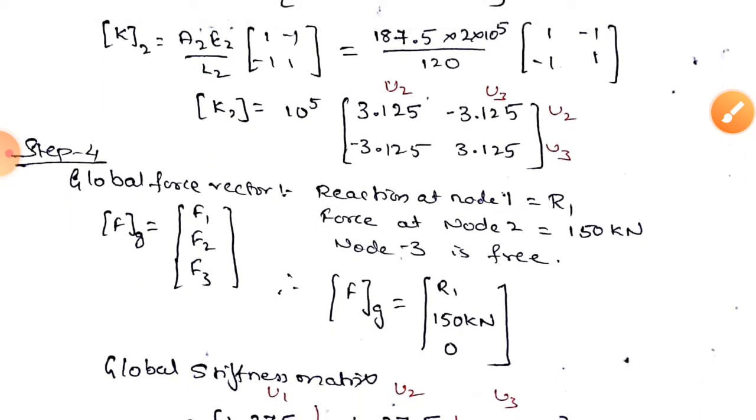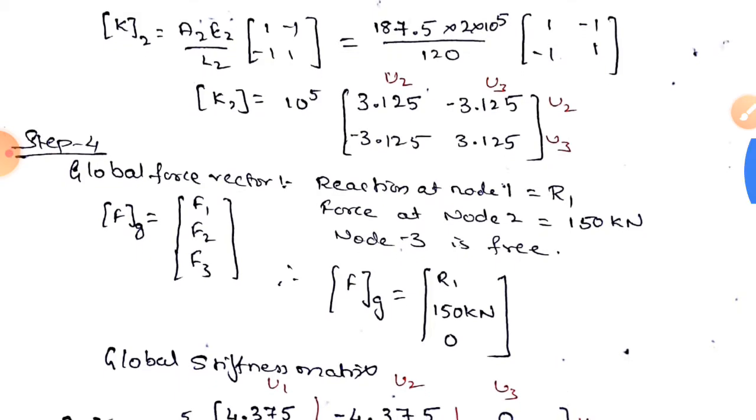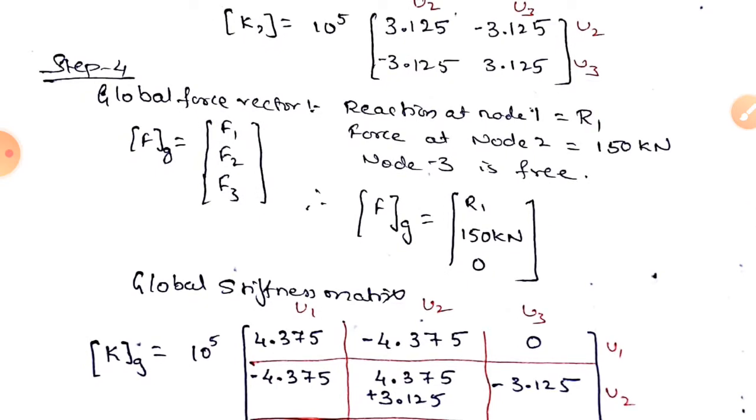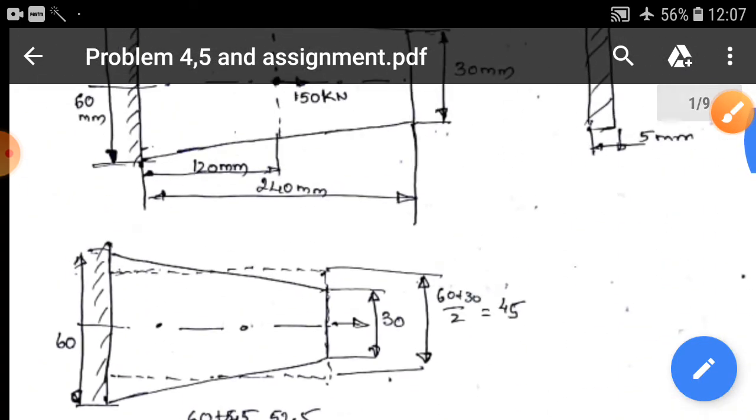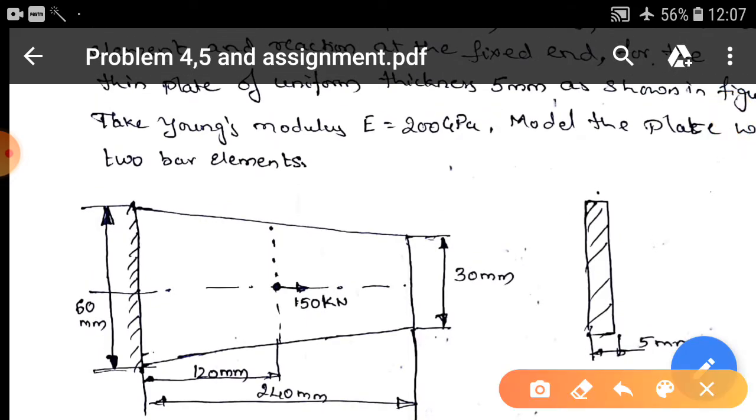Next is step 4, that is the global vector. Here I have just written the global force vector first. The global force vector is F1, F2, F3, that is forces at nodes 1, 2, 3. At node 1 there is no applied force, but there are reactions generated here because it is a fixed end.